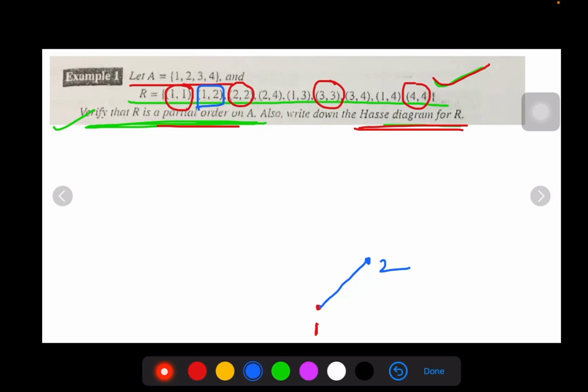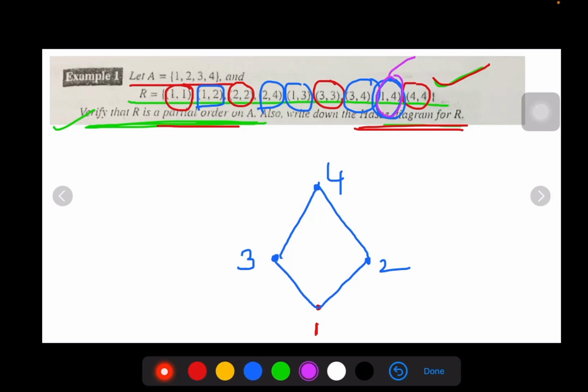Okay, next 2 to 4 there is a relation. I will write this also, 2 to 4. Okay. Next 1 to 3. It's a different element. 1 to 3 I will write. Then 3 to 4 there is a relation. I will write this. But 1 to 4 follows from the transitive property.